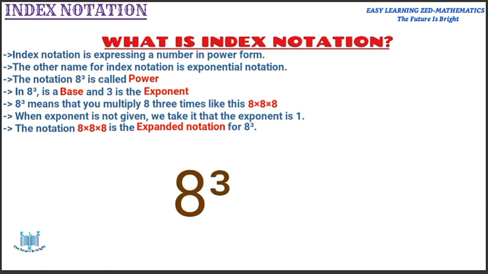Let's summarize what we have talked about using this one. Remember, 3 is the index or exponent and 8 is the base. I'm just using 8 and 3 as an example. It can be any number, like 7 raised to the power 1 or power 0. The small number on top is called the index or exponent, and the bigger number, in this case 8, is called the base.